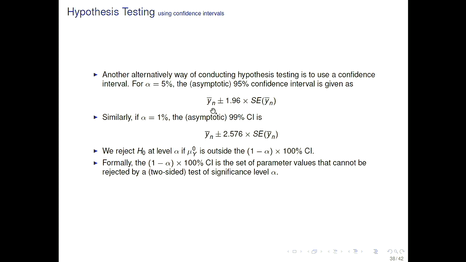So this confidence interval formula is so easy. 1.96 is the number that you should keep in your mind, because you're going to use it many times. 2.576 or 2.58. It's not very difficult to remember this number, so I encourage you to remember this number.